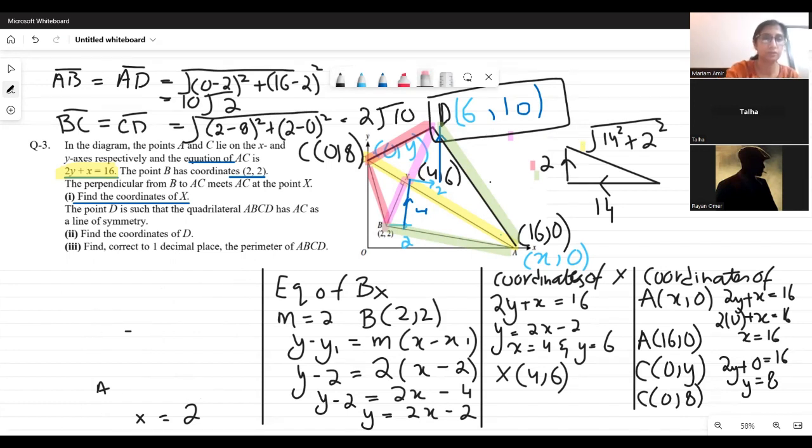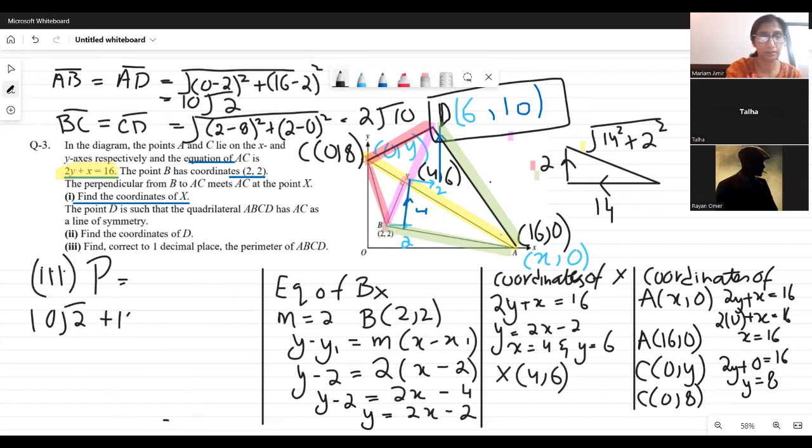Okay. So now let's find the perimeter. For that you add all the sides. So perimeter would be 10 under root 2 plus 10 under root 2 plus 2 under root 10 plus 2 under root 10.